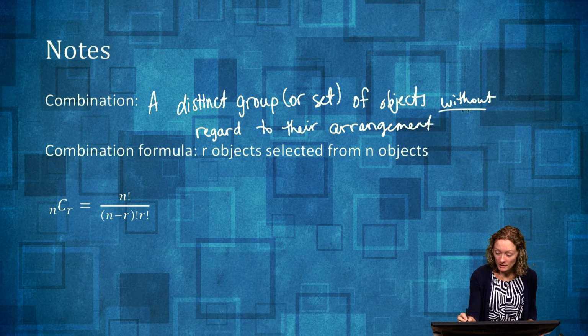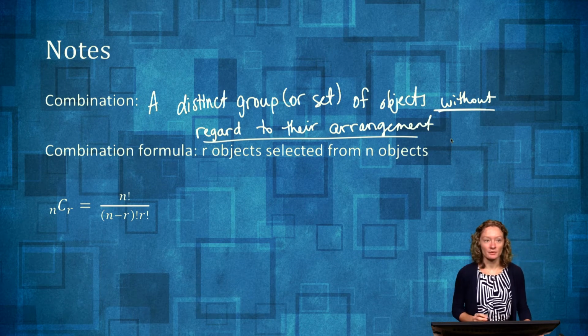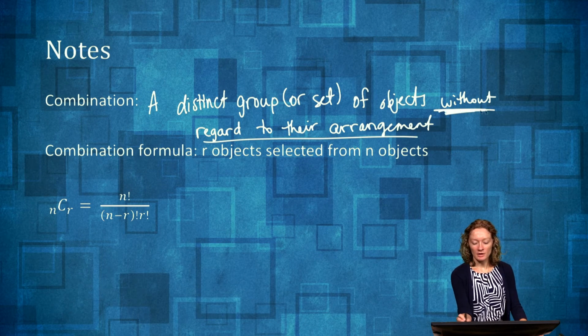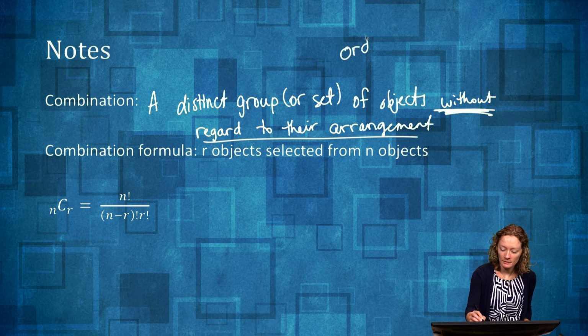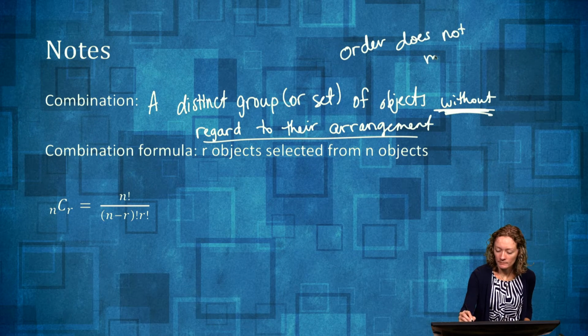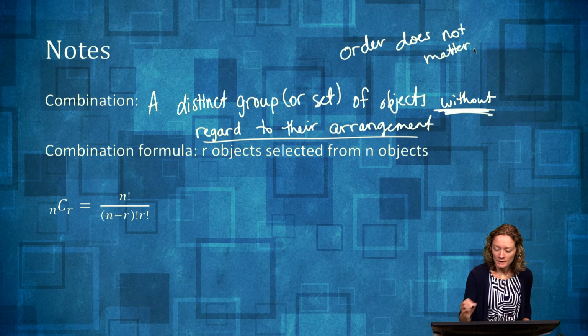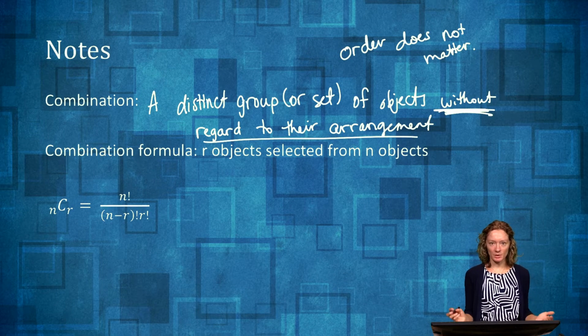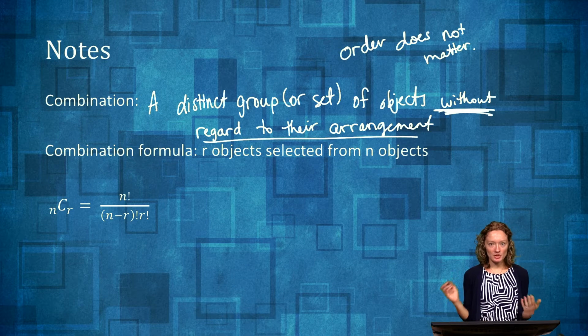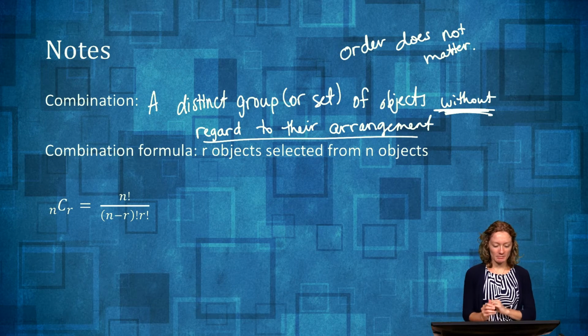And the most important thing is without regard to their arrangement, aka order does not matter. It's hard to understand how that differentiation would need to take place until we see some examples. But for now, just know that that's the important thing. Order does or doesn't matter. With combination, it doesn't matter.